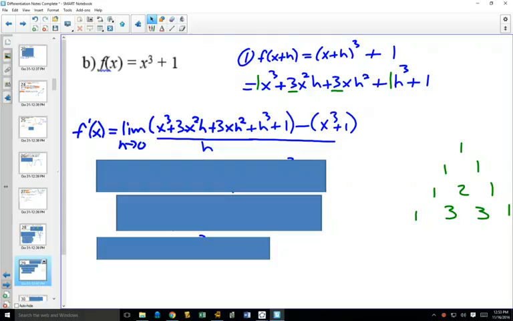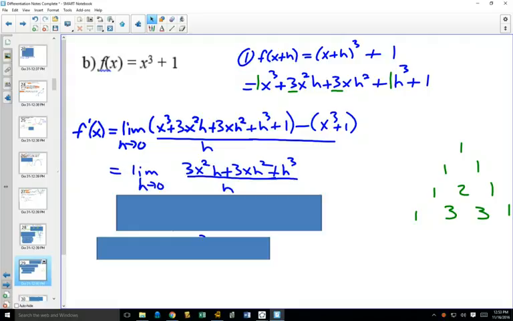But for our first examples, they will all nicely factor out. Any polynomial that you do will always factor out nicely. In this case, the x cubes cancel out, the 1s cancel out. And on the top, every term has an h.